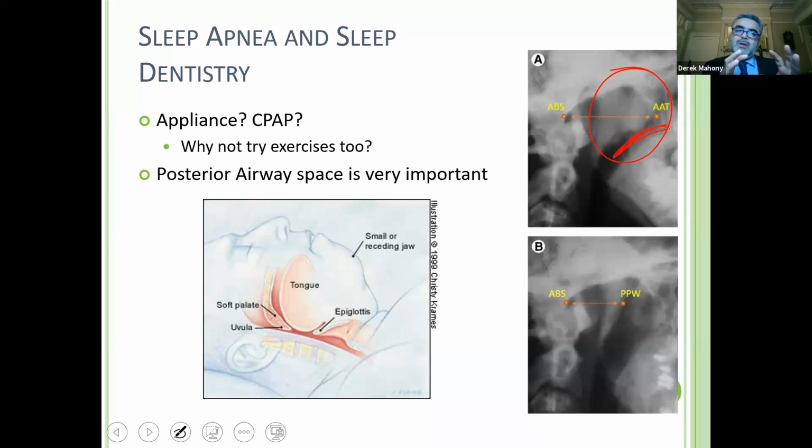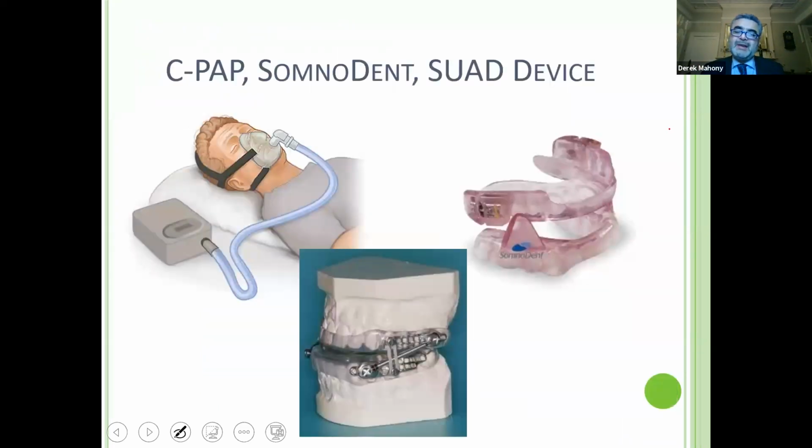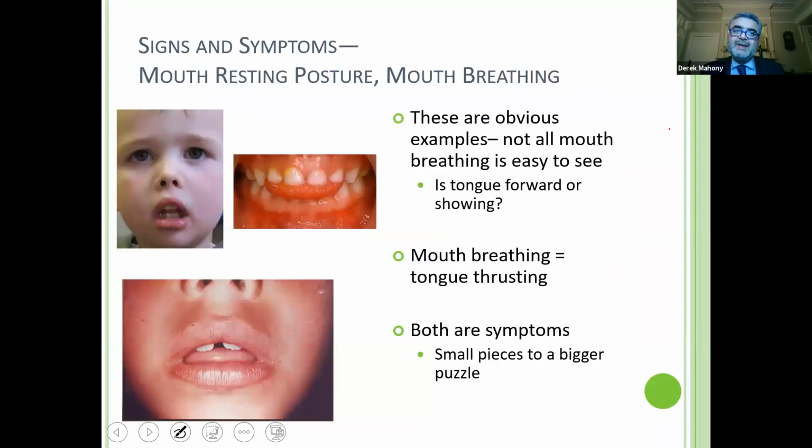So if you don't do anything while the kid's young, they end up needing CPAP therapy or oral appliance therapy, et cetera. But while they're young and their jaw's growing, we can help that jaw to grow forward, which opens up that posterior airway space. Because giving them devices like this after the damage is done is not really good quality preventive care, right?